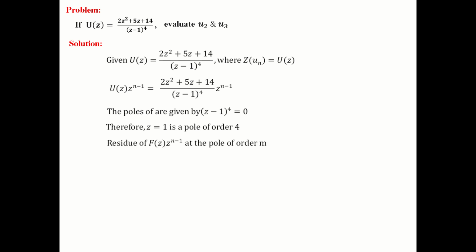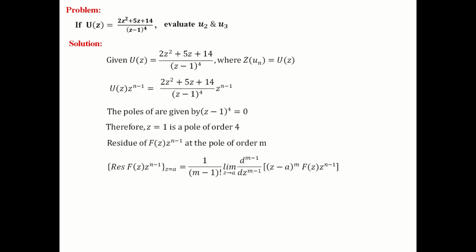Now we have to find the residue of f of z, that is u of z into z^(n−1). If f of z into z^(n−1) has a pole at a with order m, then the formula is: residue of f of z, z^(n−1) at z = a equals 1 by (m − 1) factorial, limit z tends to a, d^(m−1) by dz^(m−1) of (z − a)^m f of z into z^(n−1).